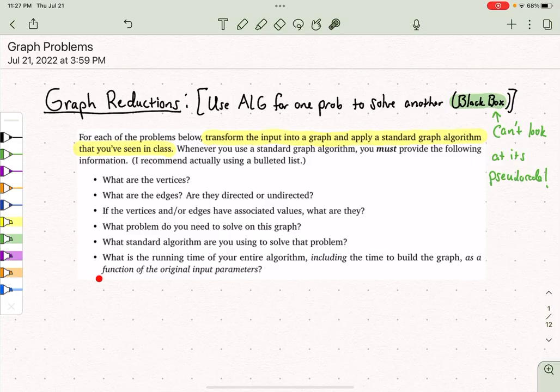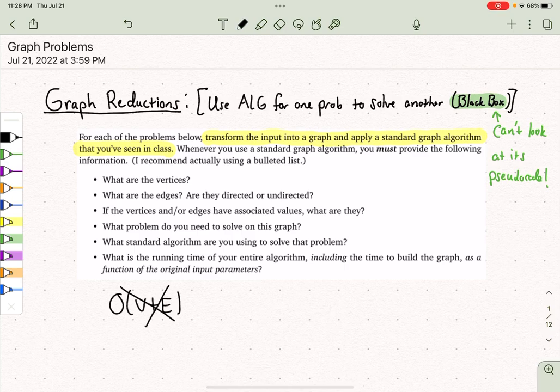And then lastly, we have to analyze the running time of the algorithm, including the time it took to build the graph, because remember, the graph isn't actually input, it's something we've constructed to model how to solve our problem. So the original input might be, say, an array or some other structure. In particular, our running time should be a function of the original input parameters. So we wouldn't want something like O of v plus e.